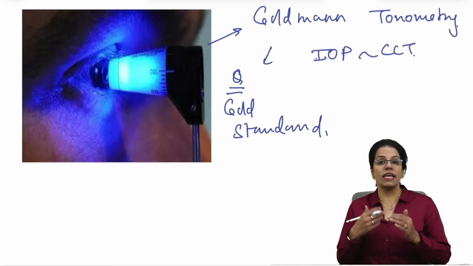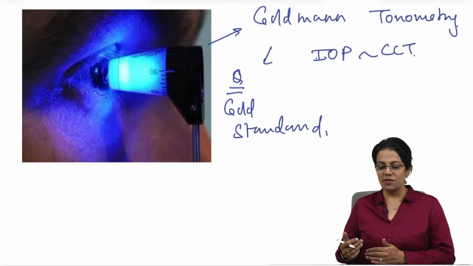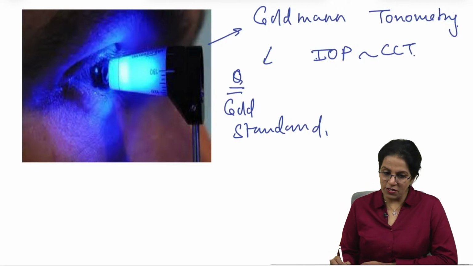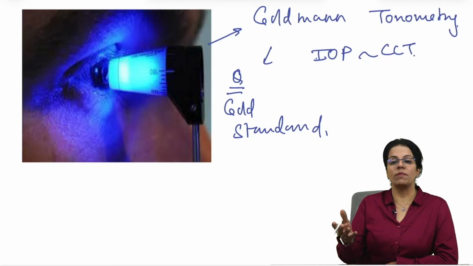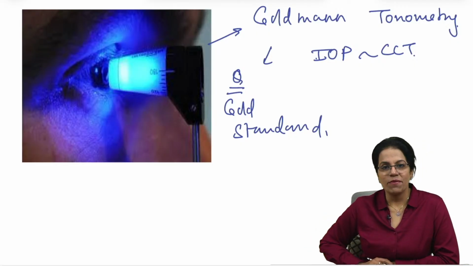If this is a thick cornea, you overestimate the IOP. In a thin cornea, we underestimate the IOP. We will remember this. Then there is another question: which is more reliable, Schiotz or Goldmann? I think you know it is Goldmann.